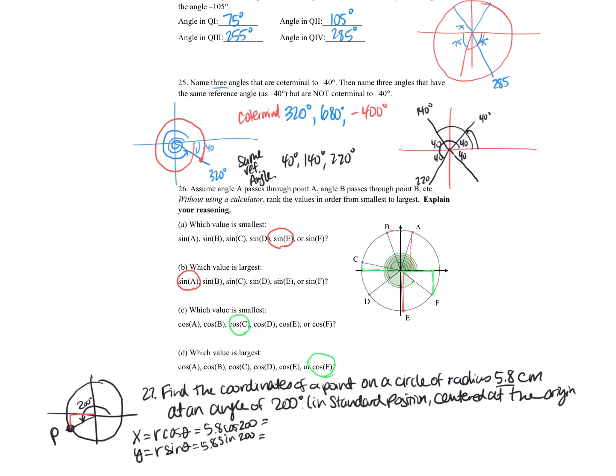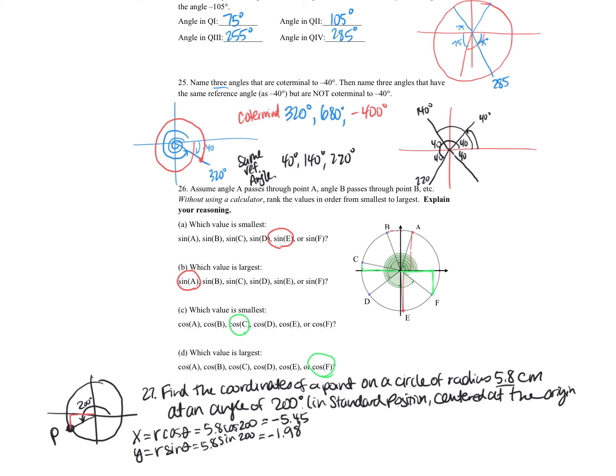So I'm going to change it to degree mode. I'll do 5.8 cosine of 200, and that gives me negative 5.45, rounding to 2 decimals. And for the y, it'll be 5.8 sine of 200, and that's negative 1.98.